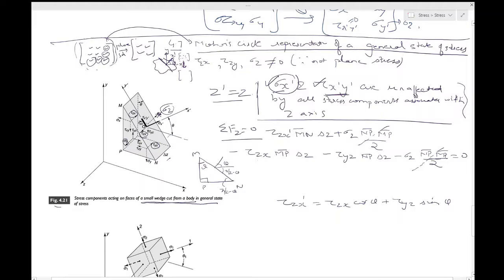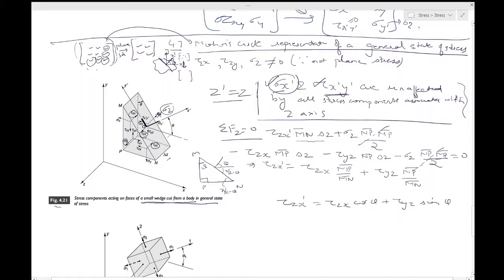So dividing both sides by MN delta z, because it's a non-zero quantity. You have to mention that you can only divide when it's a non-zero quantity. Then you get tau zx MP by MN, delta z by delta z is 1, plus tau yz NP by MN.